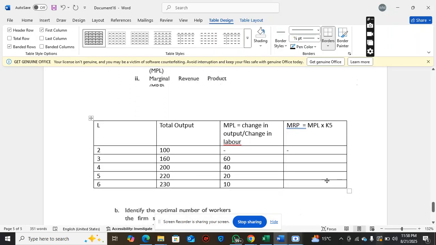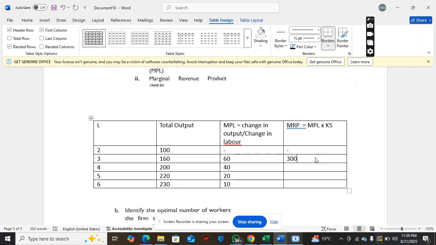As you hire one more worker, they bring in additional output, which is the marginal product of labor. Then we multiply that by the price per unit of output. So this third worker brings 60 extra units. The marginal revenue product is 60 times 5, 300 kwacha. So the additional revenue brought in is 300 kwacha.